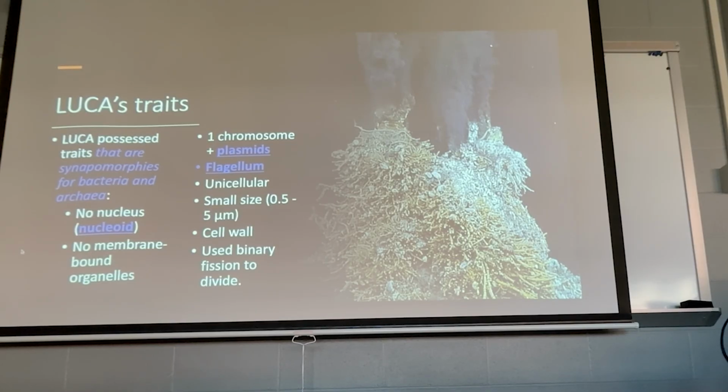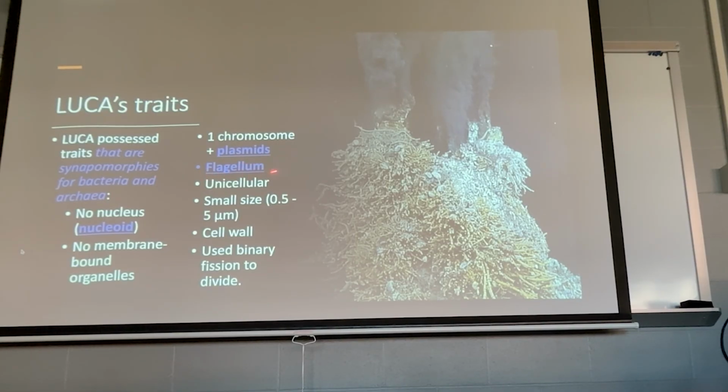So those synapomorphies would separate bacteria and archaeans and LUCA, or at least the common ancestor, from all the rest of primordial life. It looks very bacteria-like, very prokaryotic-like. No nucleus, a nucleoid, no membrane-bound organelles, one chromosome, and many plasmids, these little DNA rings that we can transfer genes back and forth with to do horizontal gene transfer.